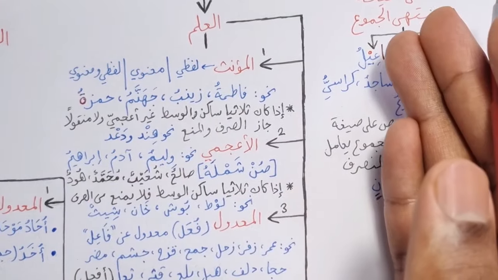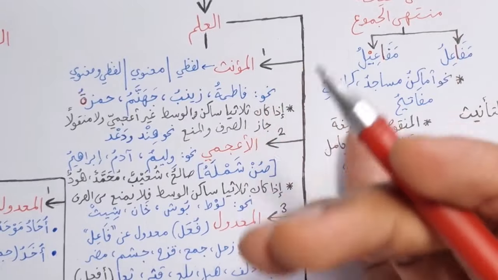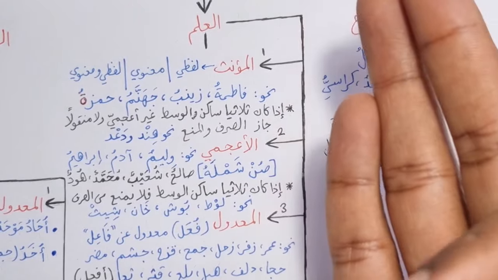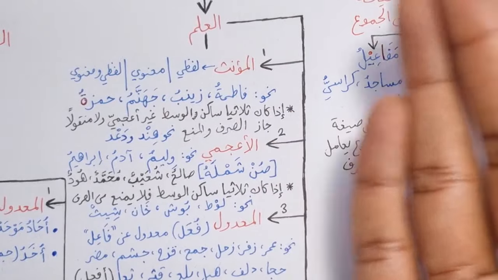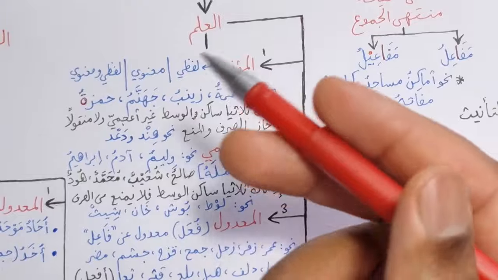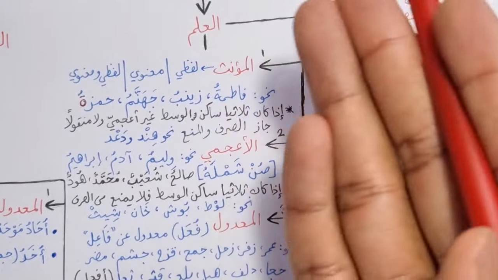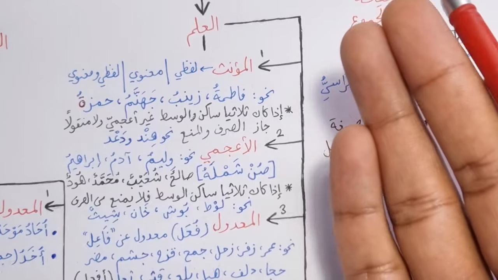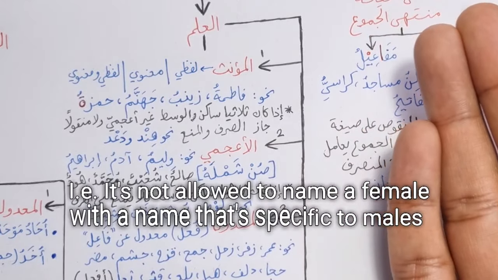Like Zaydun, for example, is thulathi, sakin al-wasat, ghayr A'jami, but because it's manqul, it's a male's name. If you were to name a female Zayd, then you have to make it mamnu' min as-sarf. Yani, theoretically, according to the rules we just explained, you wouldn't have this in real life. That's a male name.